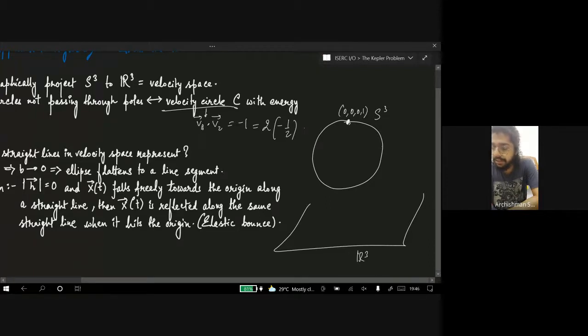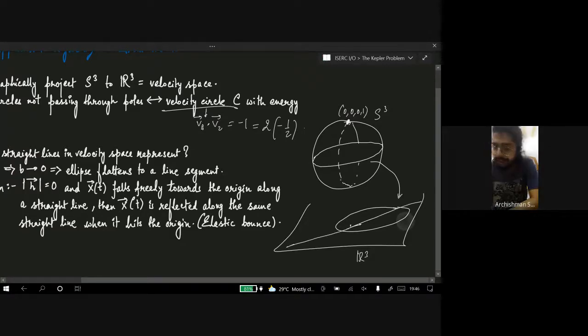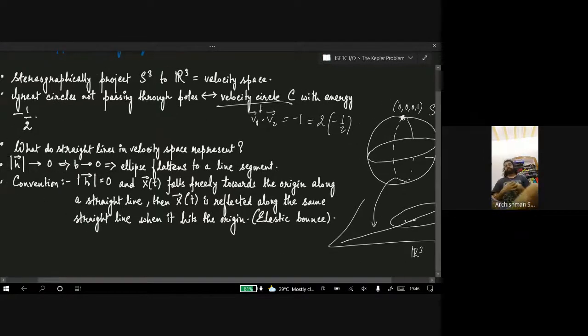If you have a great circle that does not pass through the pole, it maps down to some velocity circle in R3, and this is fine and dandy. On the other hand, if you have a great circle that passes through the poles, these map to straight lines passing through the origin, as we mentioned before. And so we might ask, what do these straight lines in velocity space represent?